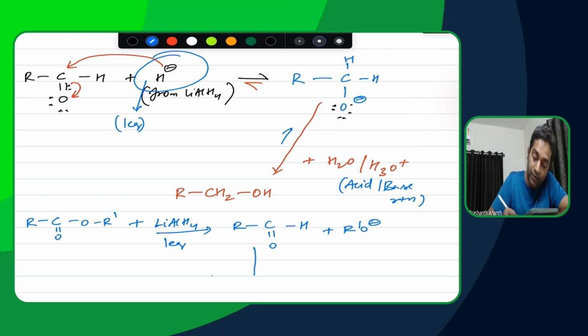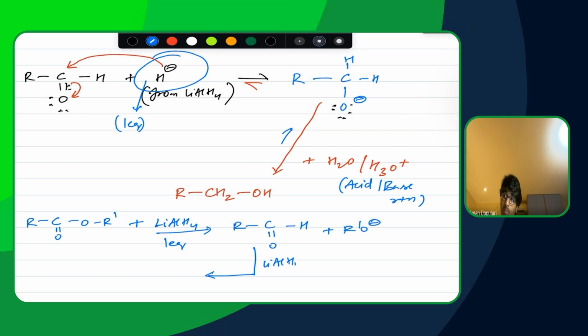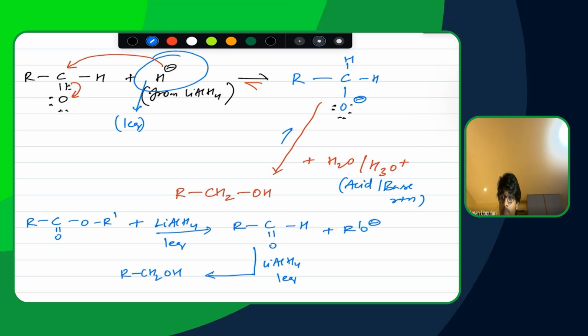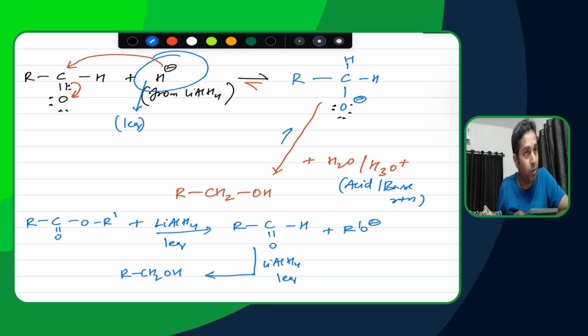If I hit this with 1 more equivalent, I'll be getting RCH2OH. You understand the process here? Yes, sir. Now ask your question based on what your teacher has done in school.